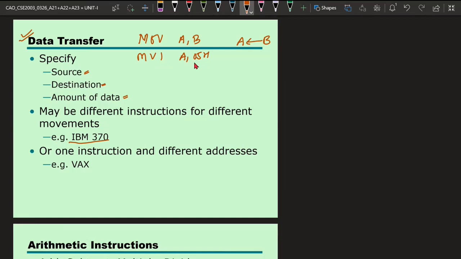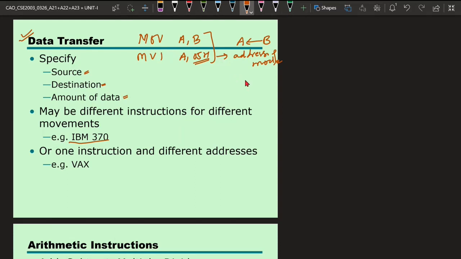When we use direct data, this type of instruction is called an immediate instruction. That's why instead of MOV we write MVI, that is move immediate. We will come across this while studying addressing modes. So these are two different types of addressing modes. Our main theme is to move the data.